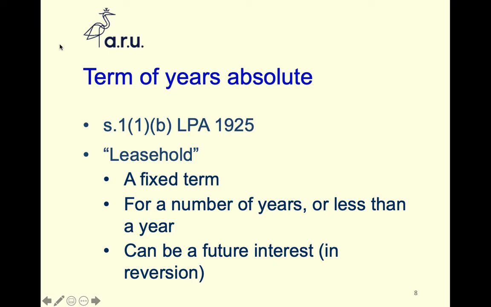It can be for a number of years, obviously, but we can even have 6-month, 9-month leases. And again, that absolute nature means that it's absolutely yours to use and exclude the world at large, including the landlord, except for things that you've agreed, such as inspections, and or if they have to come and get the rent from you, or they have to fix a broken tap or something like that.